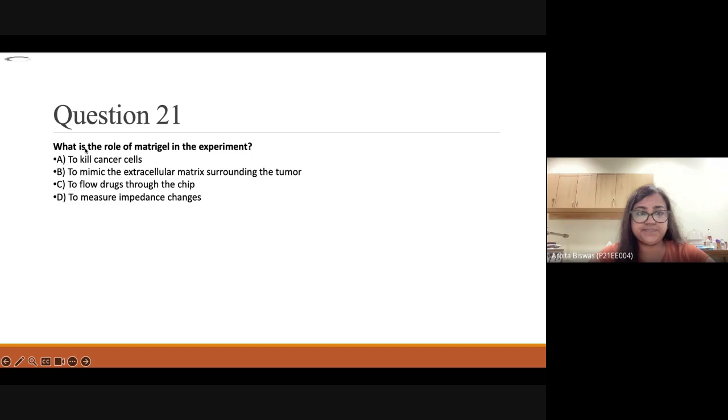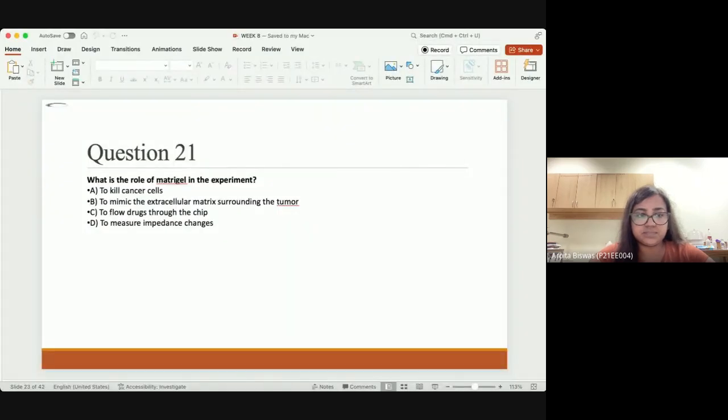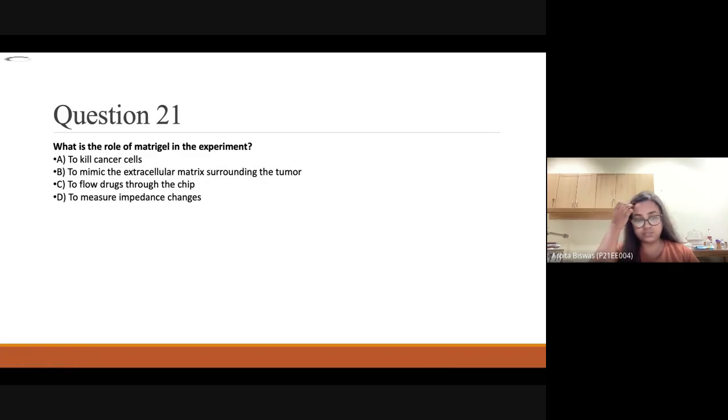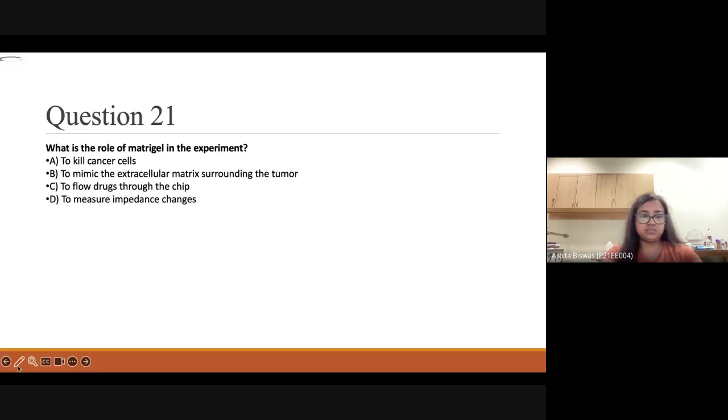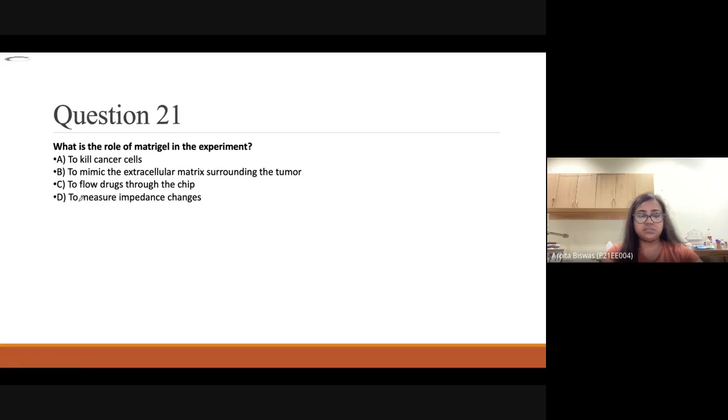So what is the right answer? The right option is option B, to mimic the extracellular matrix surrounding the tumor.